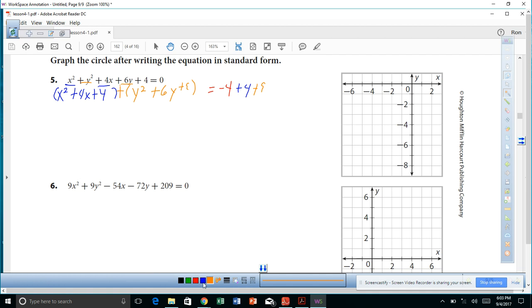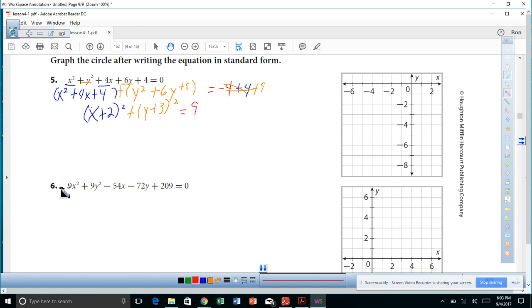All right, so what do we got here? We're going to have x, and then 4 divided by 2 is 2, so that's (x plus 2) squared. And here we're going to have y, and then 6 divided by 2 is 3, so it's going to be (y plus 3) squared. And these two will cancel out, and we are left with 9.